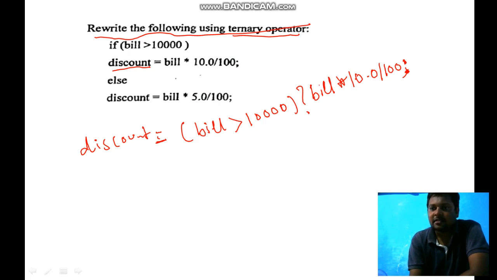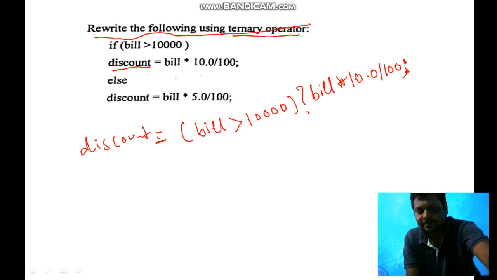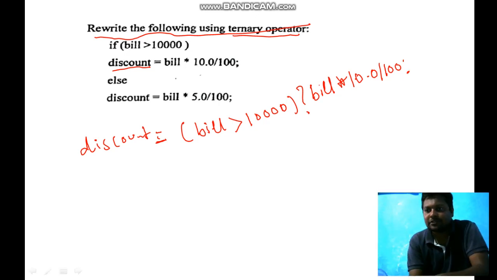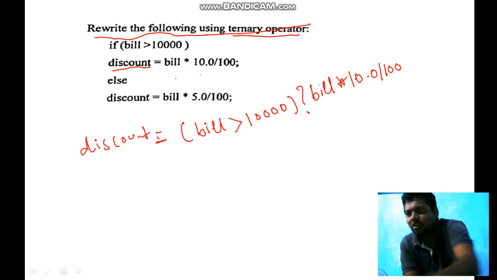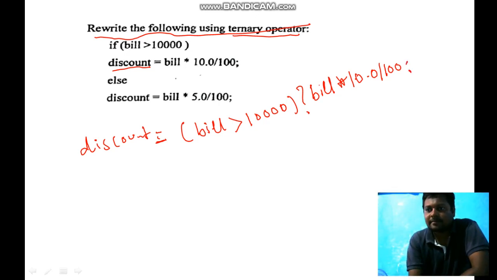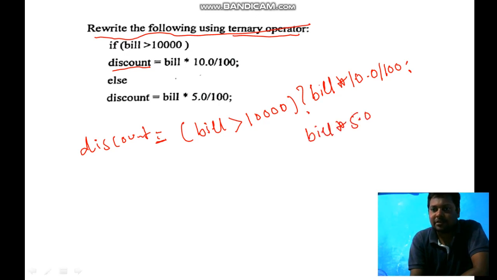Okay, wait one minute, don't confuse this with a semicolon. This is just a colon. Next, else means what you are assigning: bill into 5.0 divided by 100. Here, a semicolon.